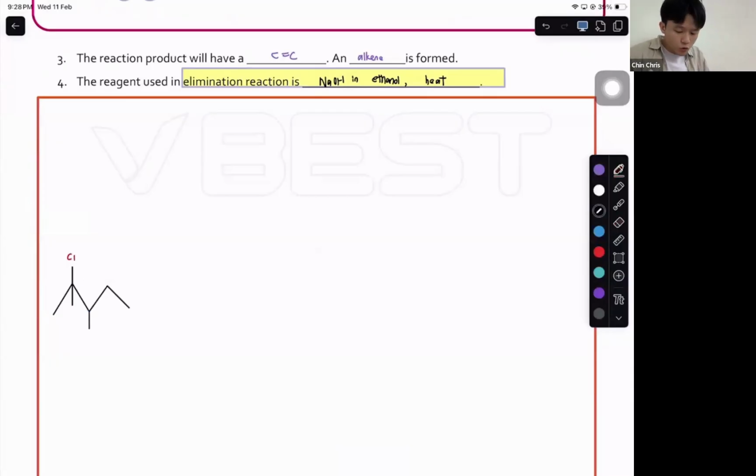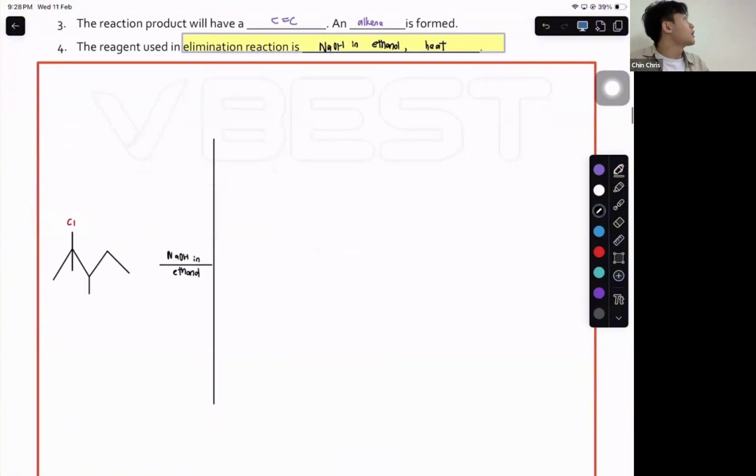I want you guys to eliminate this under NaOH in ethanol. Please tell me what products you'll be getting. Go, please start drawing it out. Eliminate everything and tell me how many different products you will be getting. Draw it out. I'm not gonna give you an answer. I'm gonna throw my trash first. I'll come back in 1 minute.